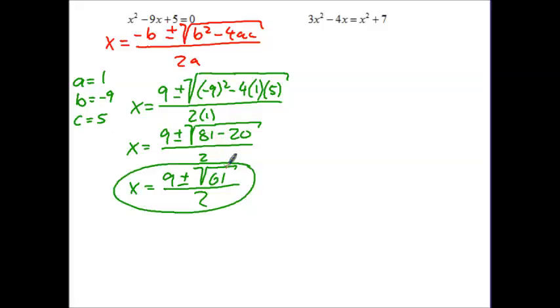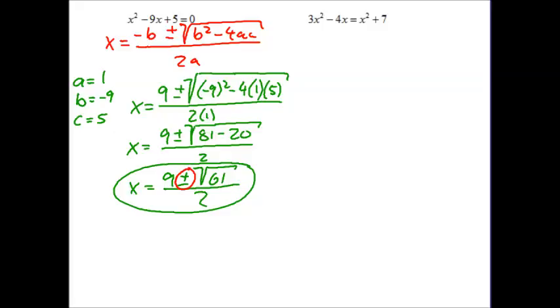Remember, we are taking the 9, and one time we're adding the square root of 61 to it, and one time we're subtracting the square root of 61 from it. So the quadratic formula has this built-in thing that always will give us two solutions if we get a value to subtract or add in the latter part of the formula.